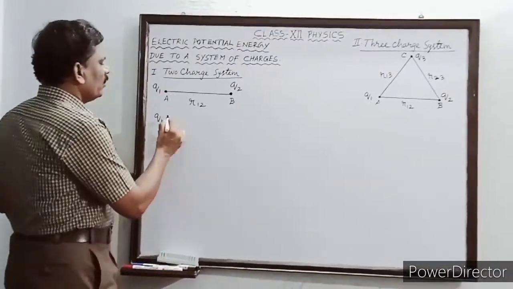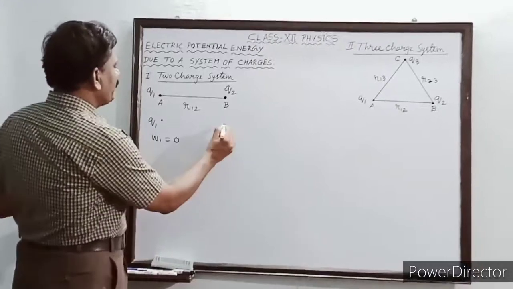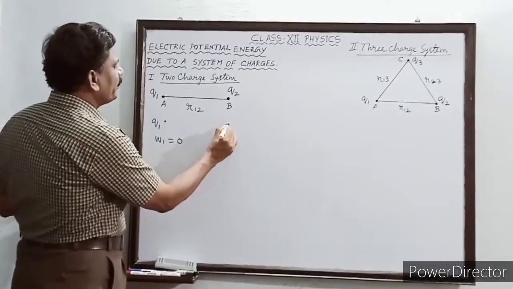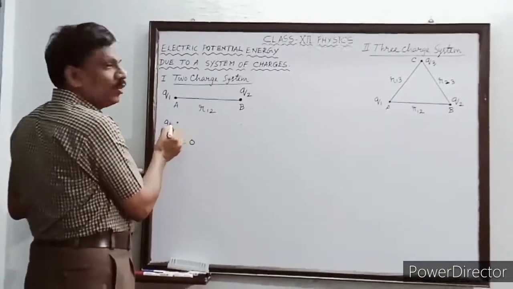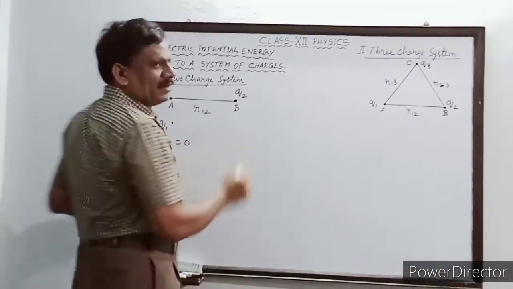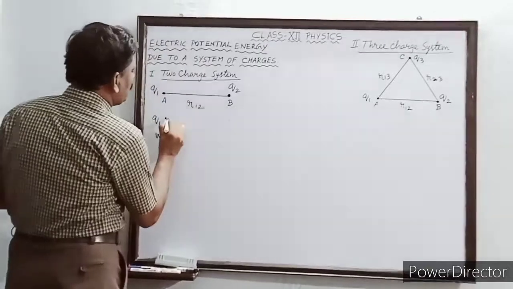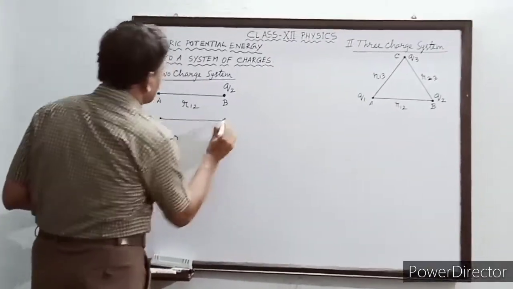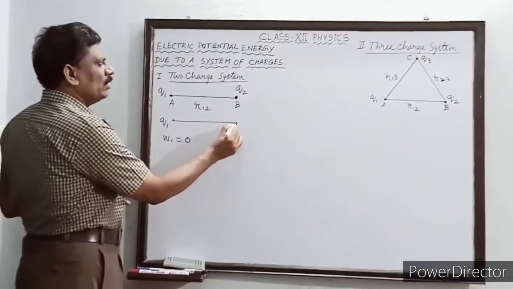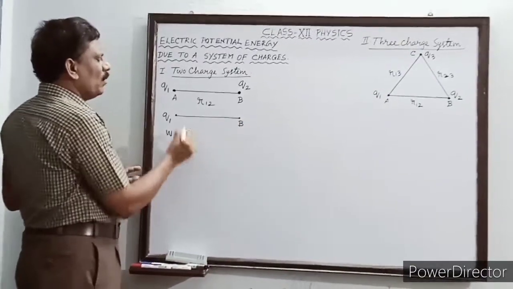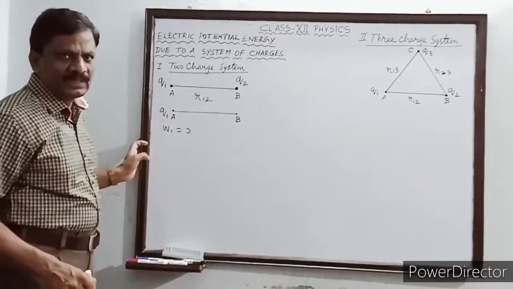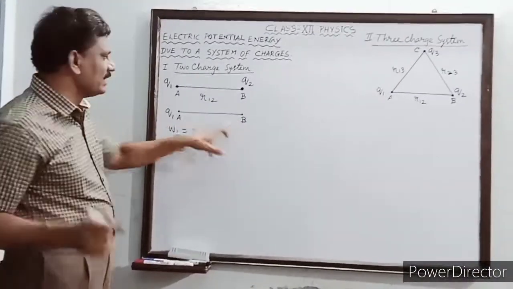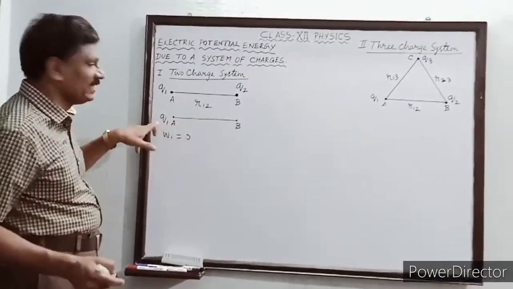Now in such a situation I will choose a point B, which is at a distance R12 from Q1. Now what is the potential at this point? At this distance R12 at the point B, what is the potential due to the charge Q1 placed at A? There will be some potential at this distance R12 due to the presence of the charge Q1.